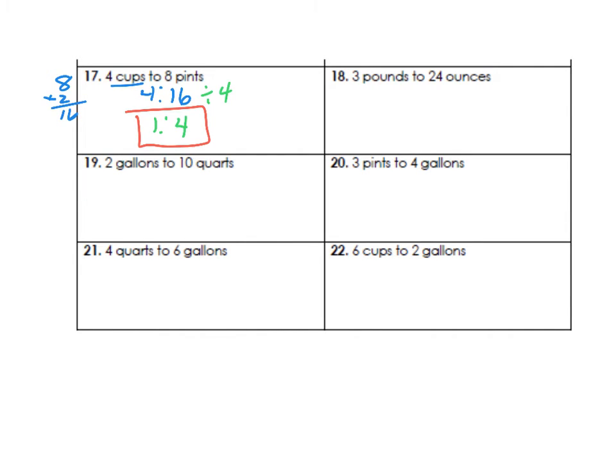If you notice, I'm doing the same steps over and over again. Let's start with ounces. So I'm going to do 24. There is 3 pounds, and in each pound, there is 16 ounces, so 16 times 3 is 48, so 48 ounces there.